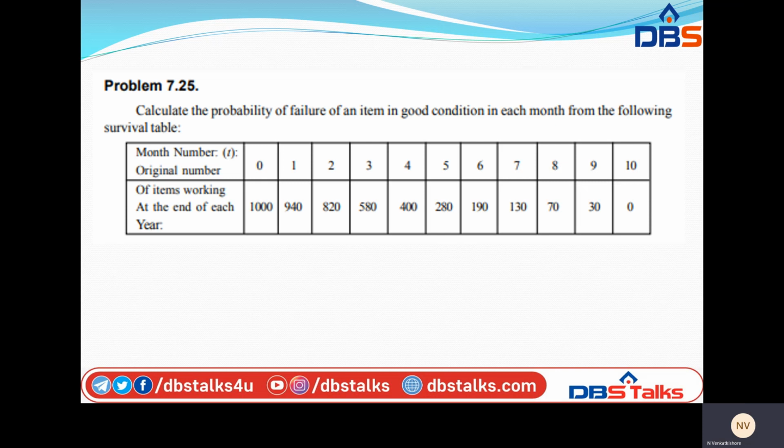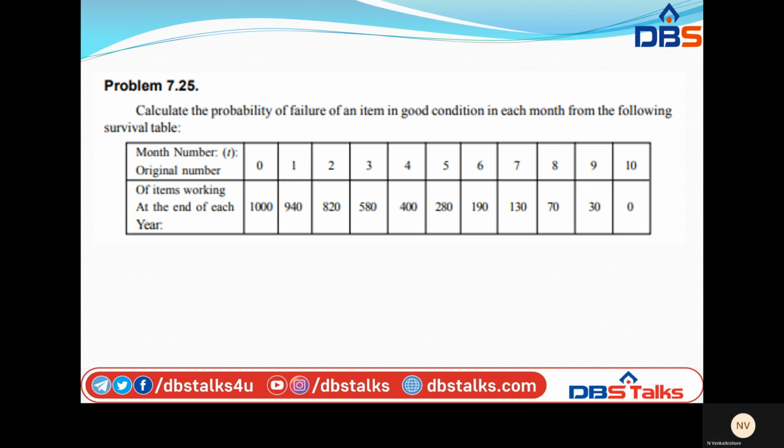After completion of the first year, or first month, 60 products were failures and the working condition is 940.